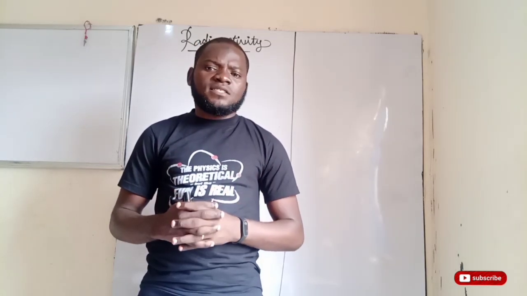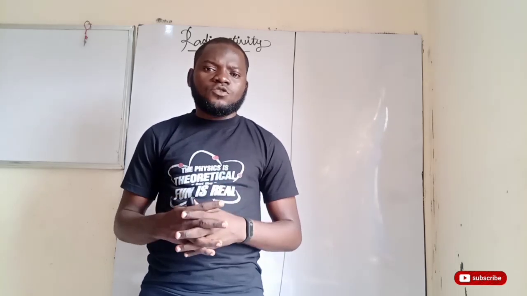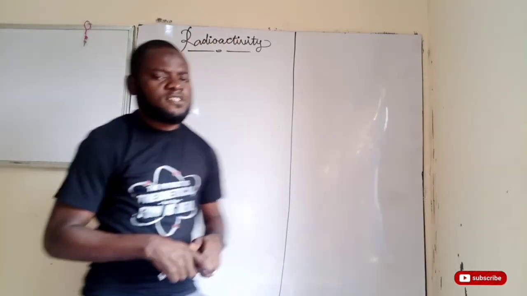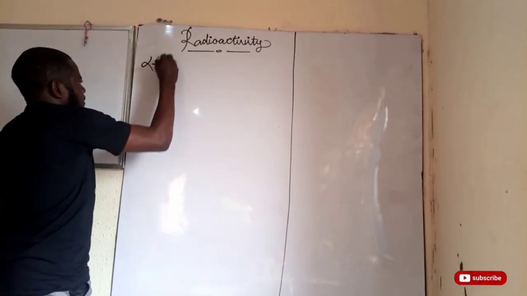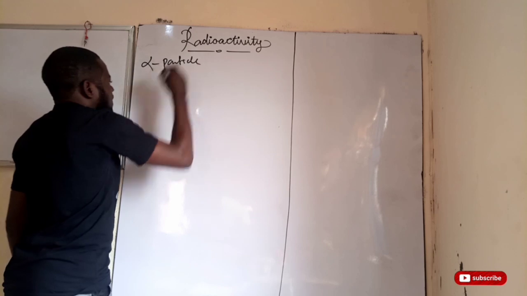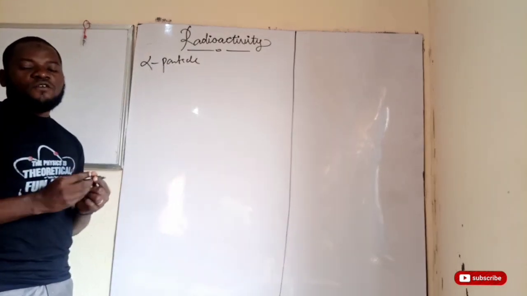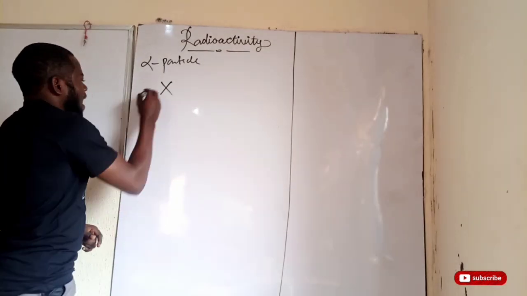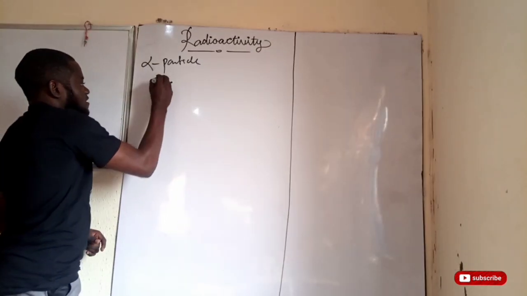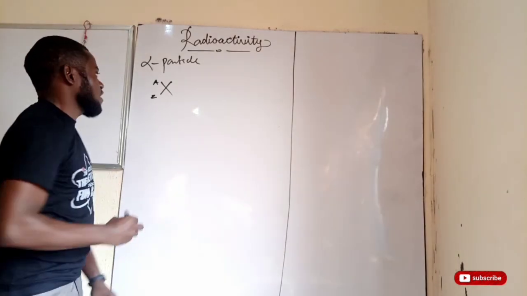Let's quickly talk about the reaction of these particles for every nucleus. If I have an alpha particle, let's take for instance that an element X with an unstable nucleus has atomic number Z and mass number A. Please pay attention here.